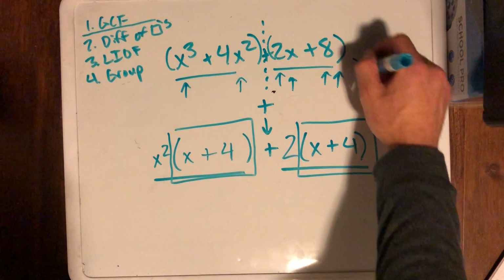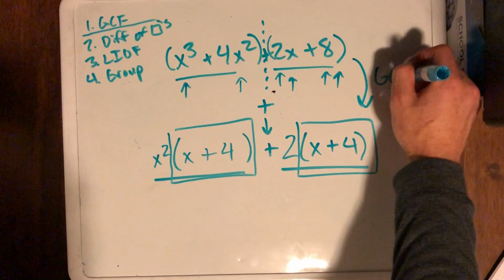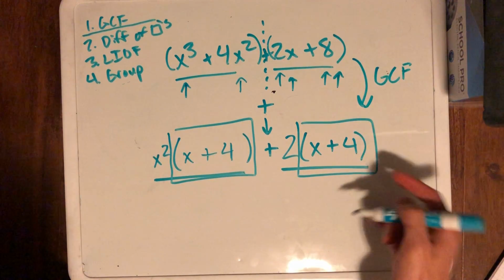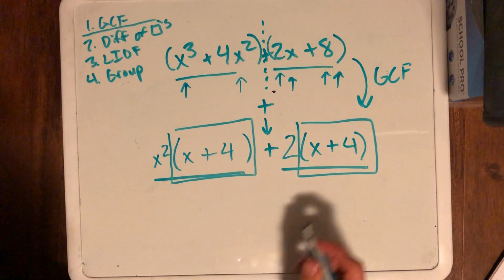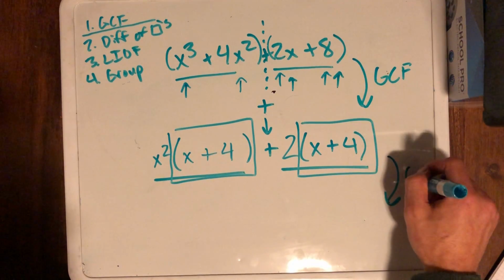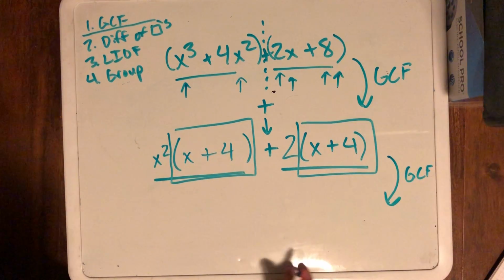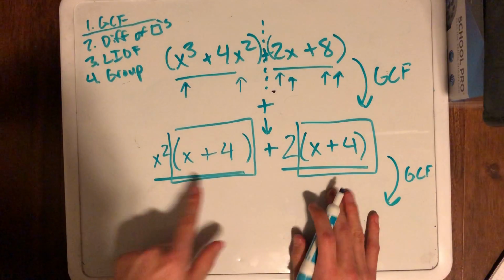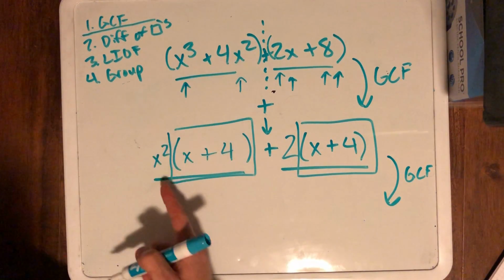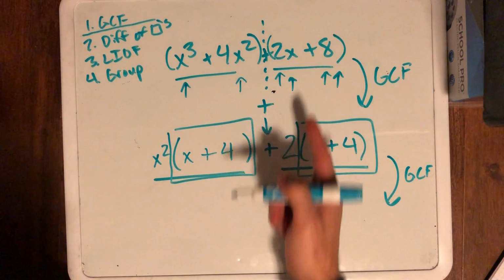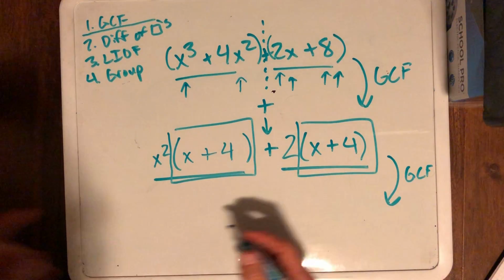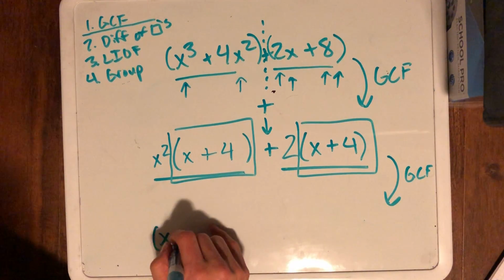So from the top, to get to this first step, we did a greatest common factor. And now, from here to get to our answer, which will be right down here, we're going to do another greatest common factor, right? We're pulling out an x plus 4. Just like when we pulled out an x squared, we put that in front. Just like when we pulled out a 2, we put that in front. We're pulling out an x plus 4, so we want to put that in front.